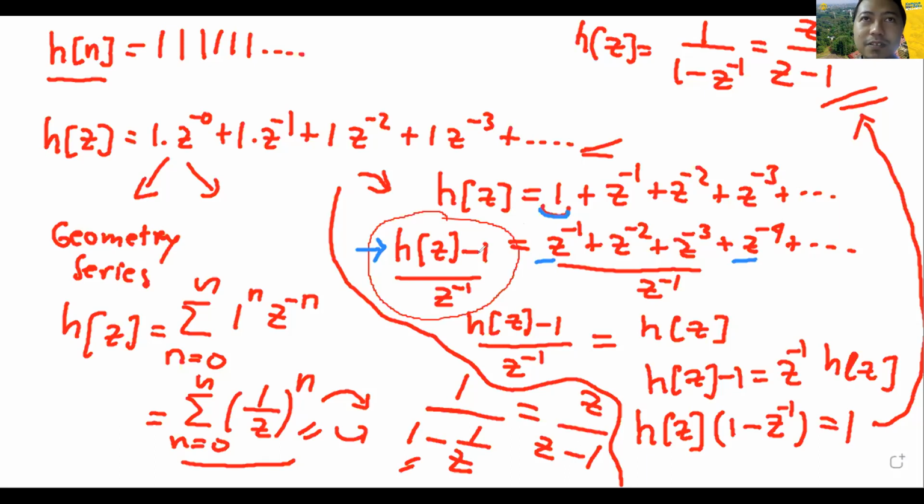So I decided to divide both sides by Z to the power of minus 1. So after we divide the right side, we can get exactly H(z). Something like that. Okay, sir, it's clear. Thank you, sir. Yes, you're welcome.